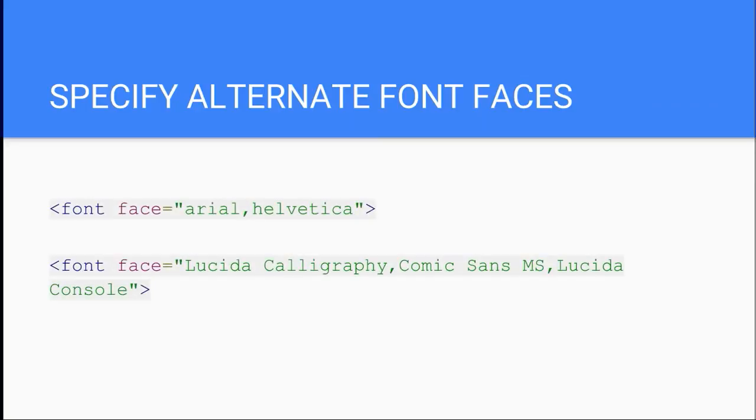And the next option is specify alternate font faces. A visitor will only be able to see your font if they have that font installed in their computer. So it is possible to specify 2 or more font faces, as alternatives, by listing the font face names separated by comma, like this.